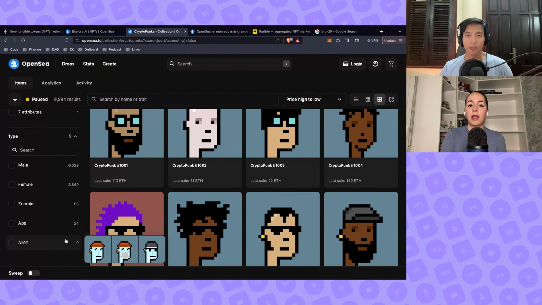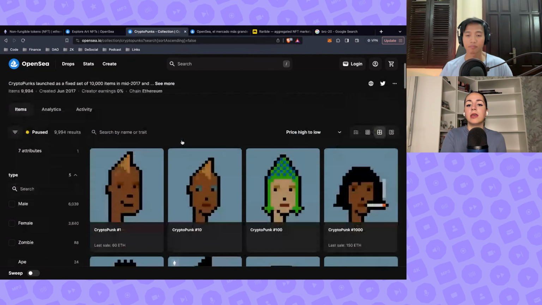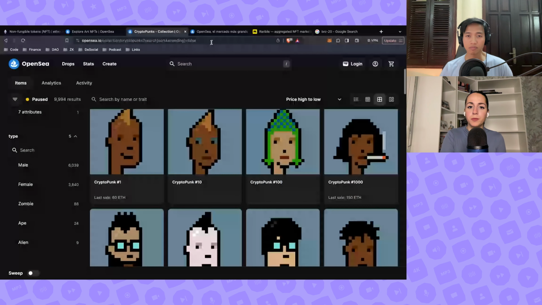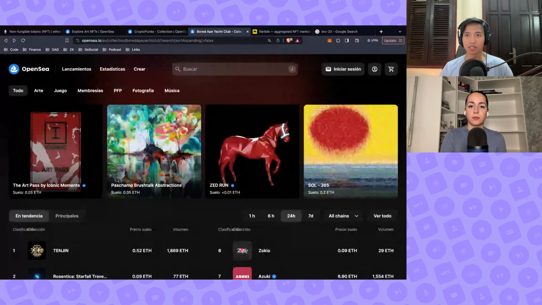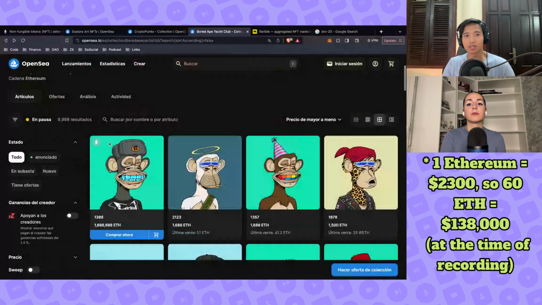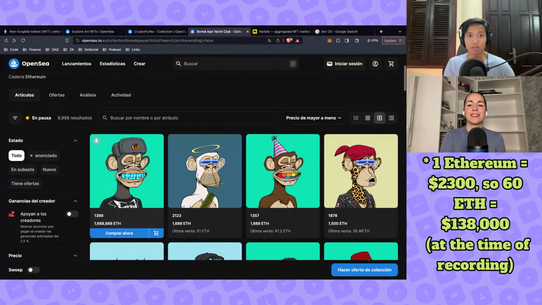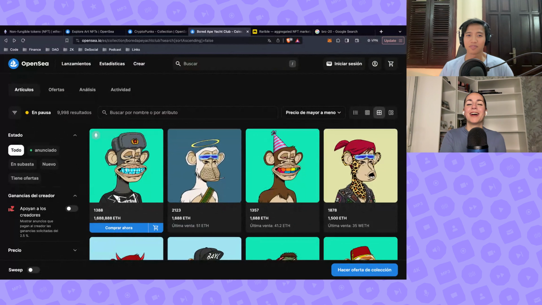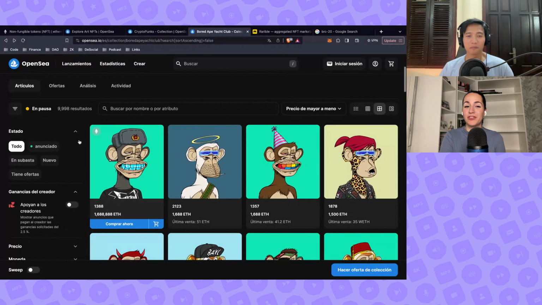That is what Lam was commenting, that might give different values. And just to add, I think 60 Ethereum at today's current price is roughly about 150,000 US dollars. For a profile picture, crazy. Yeah, for a profile picture, actually.